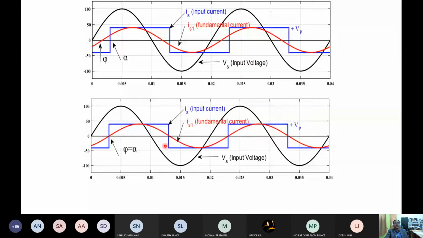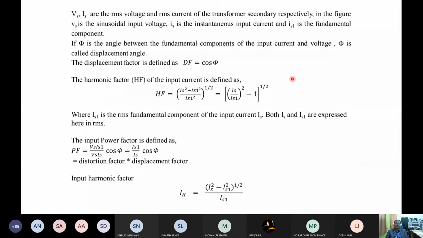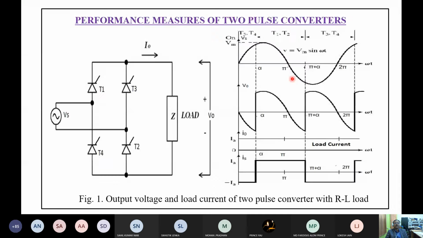Remember, this one will prove phi is equal to alpha, and this is the phase angle between fundamentals. Any question till now? Performance measures up to pulse converters. Okay.